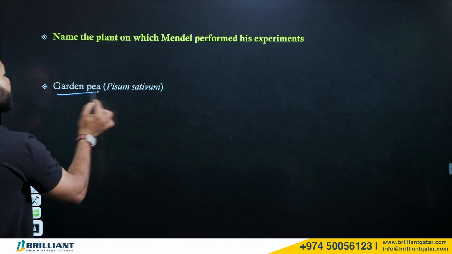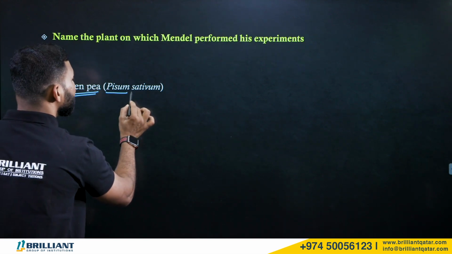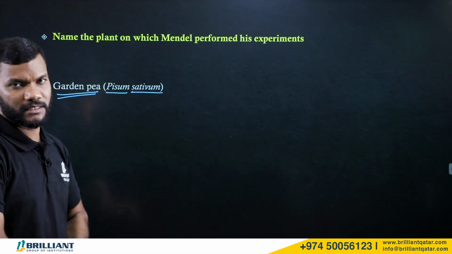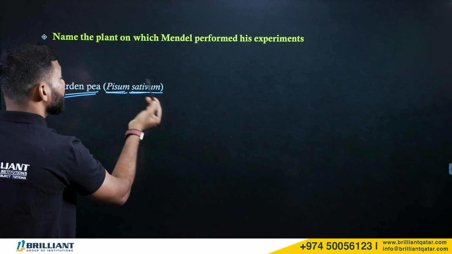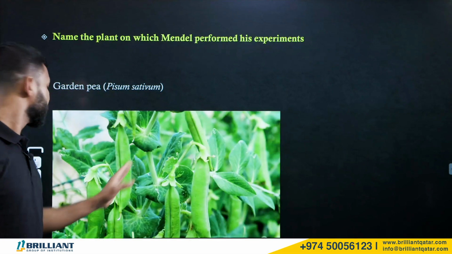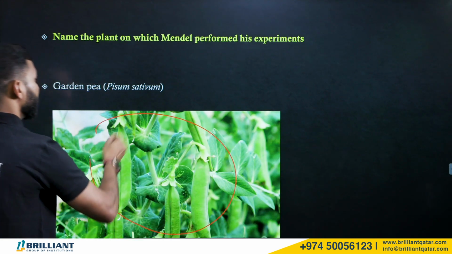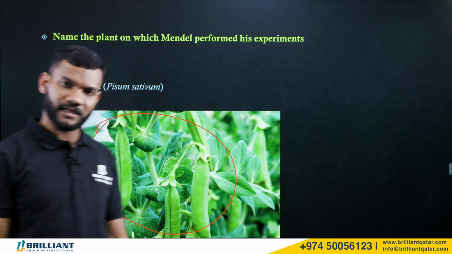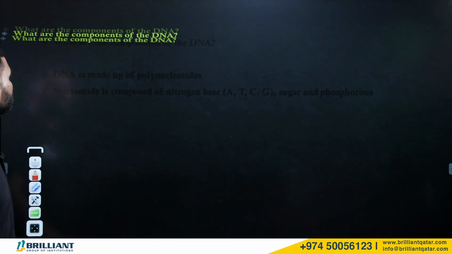This is the common name, garden pea, and this is the scientific name of that plant, Pisum sativum. You can see the plant. This is the plant Mendel used, garden pea or Pisum sativum. Okay, let us go to the next question.